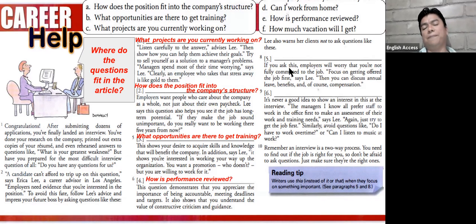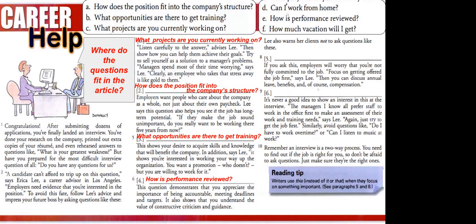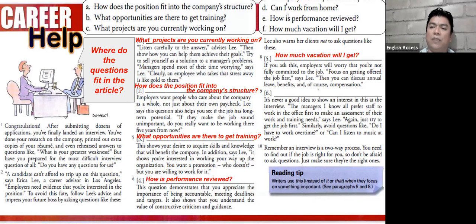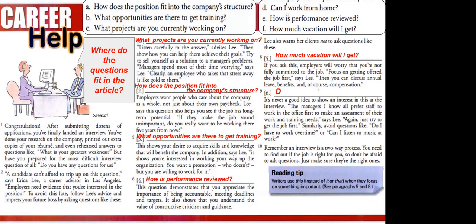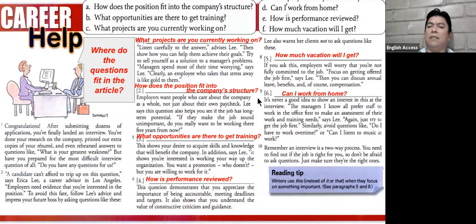What do you have for that one? F. F, very good. So how much vacation will I get? And the last one, number 6. What question is that? D. Can I work from home? Write the correct questions in your books, please.